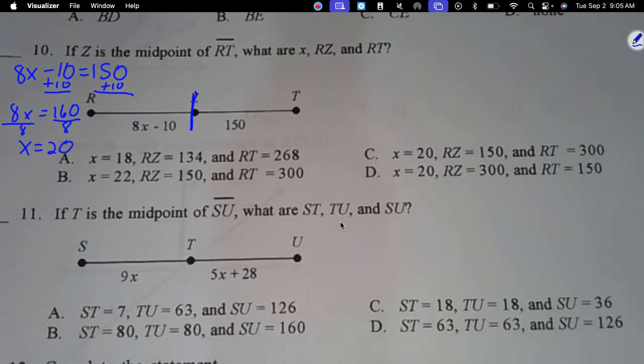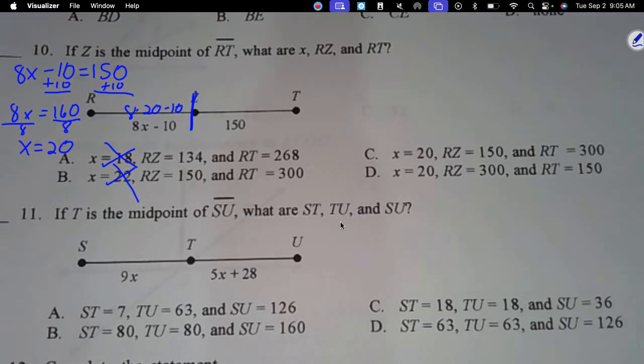So guess what? We're halfway there, right? X equals 20. That's part of the question. Now what's the next thing it asked for? RZ, from here to here. Well, if this one's 150, y'all, what's this one? 150. Or we could plug it in. If I plugged in 8 times 20 minus 10, guess what it is? 150.